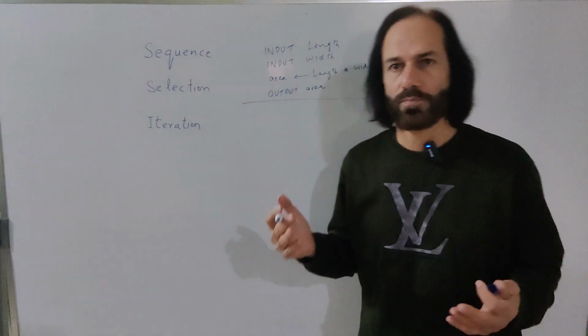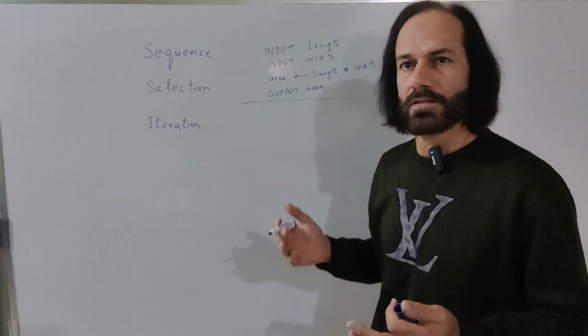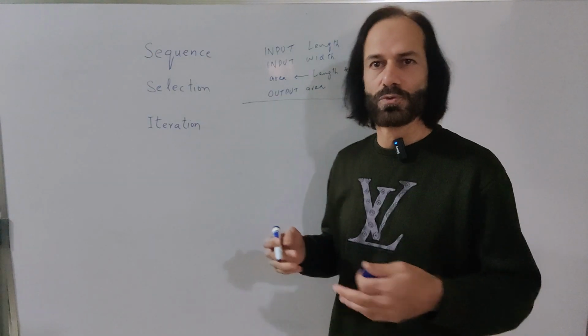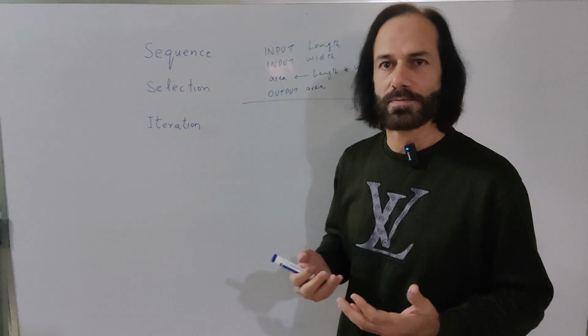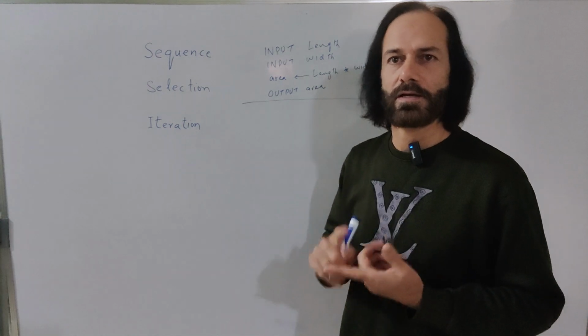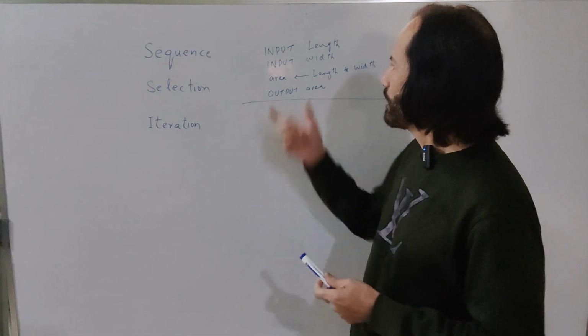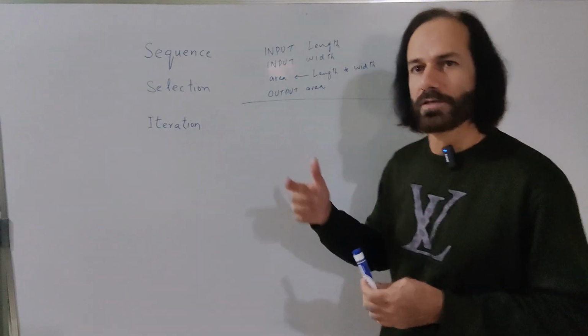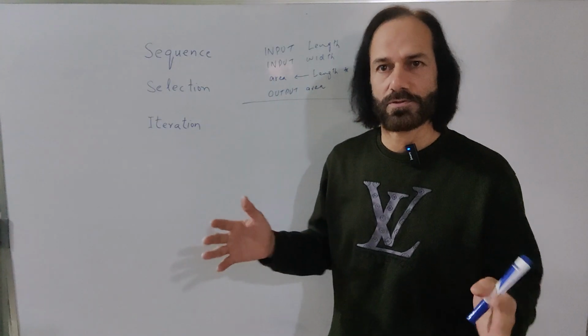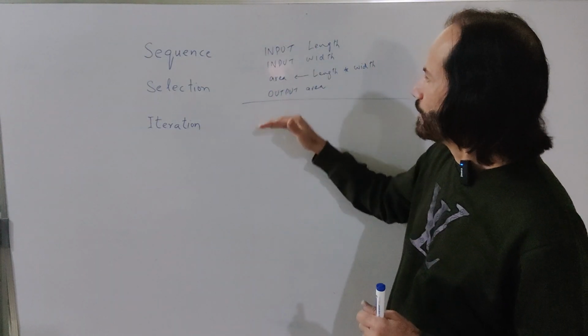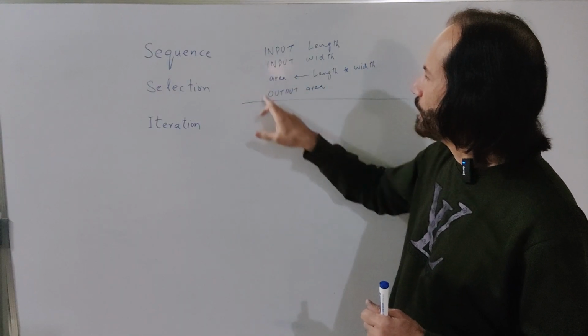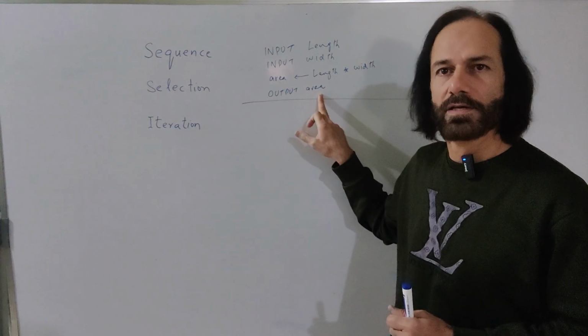So this is a small program. This is a solution to a problem. The user will input only two things, that is the length and width, and your program will calculate area, and then that area will be output on the screen. So now this is the correct sequence, and this will lead to find the correct area.